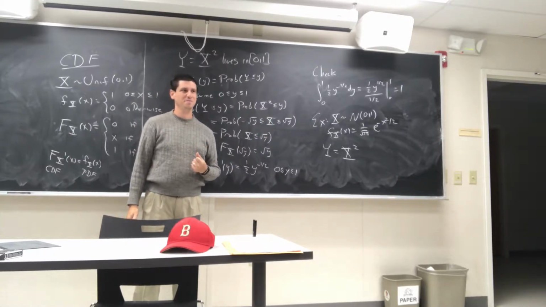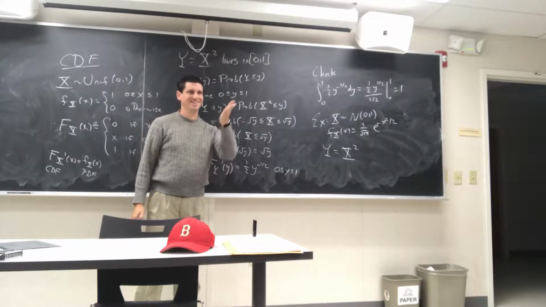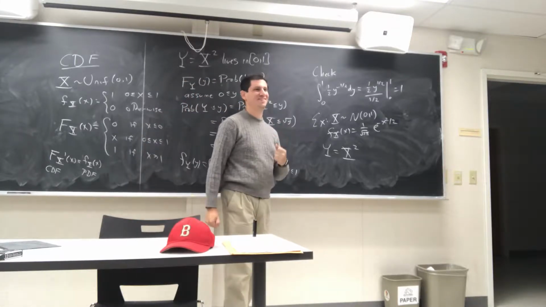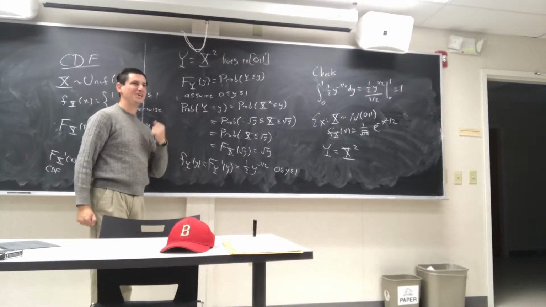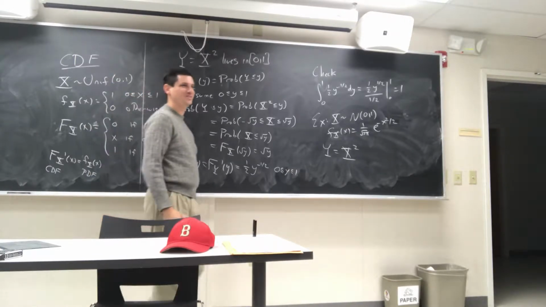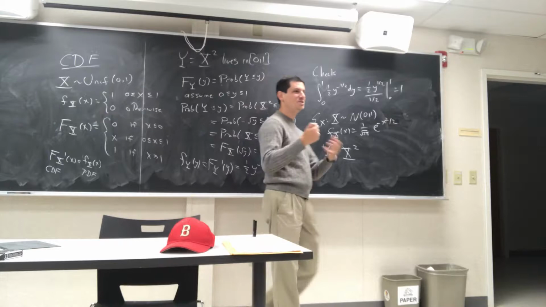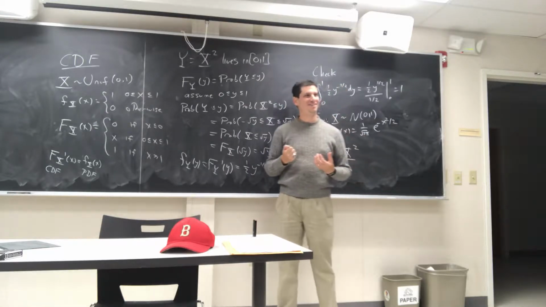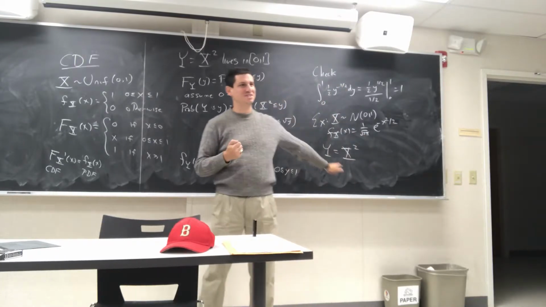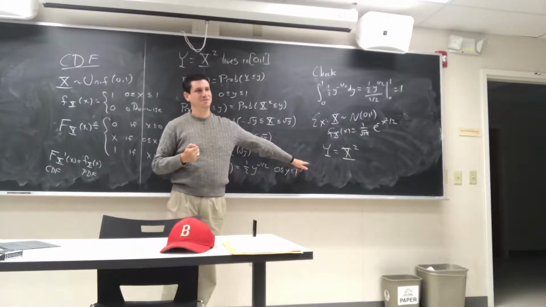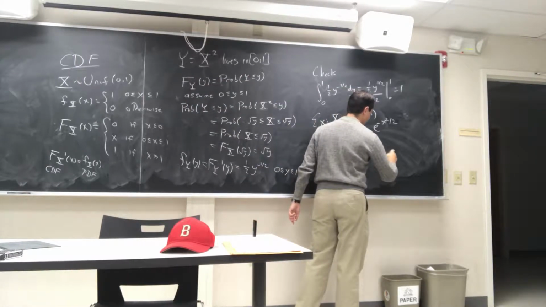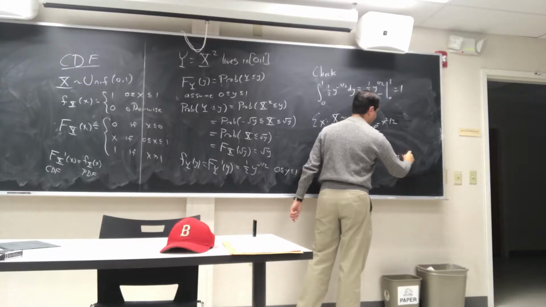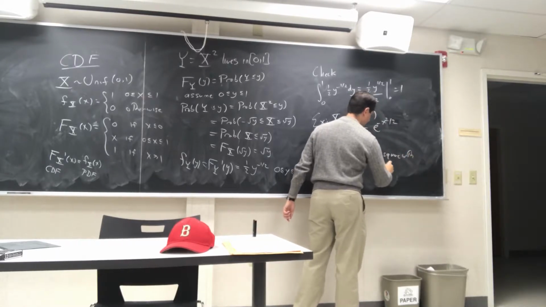Anybody remember? Be more specific. There are infinitely many chi-squared distributions. Which chi-squared distribution is it? You're close. You have to tell me the degrees of freedom. How many degrees of freedom does this chi-squared have? 1. So this is a chi-square with 1 degree of freedom.